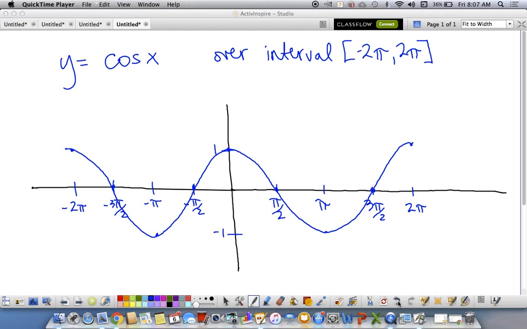Okay? So we say in this case, cosine is an even function. Somewhere I'm going to write that. Cosine is an even function.